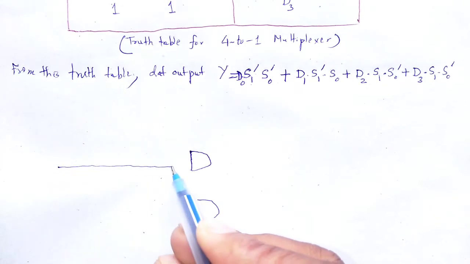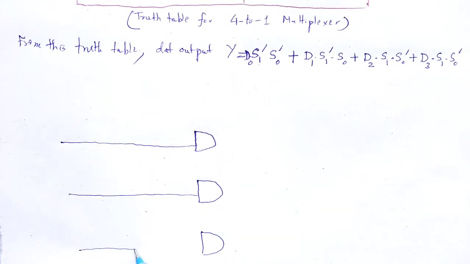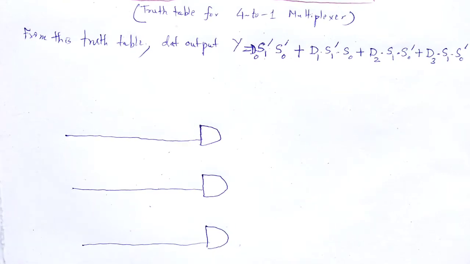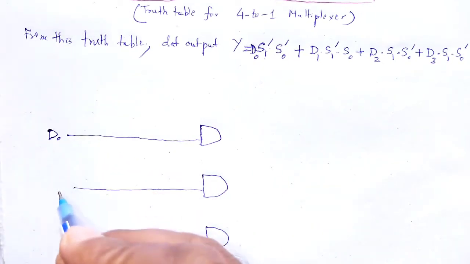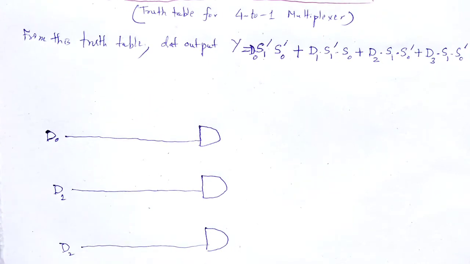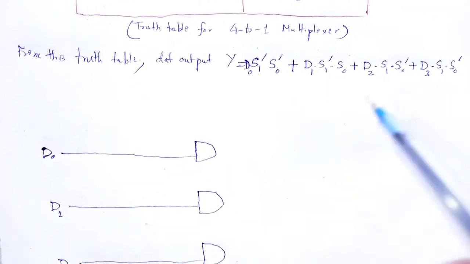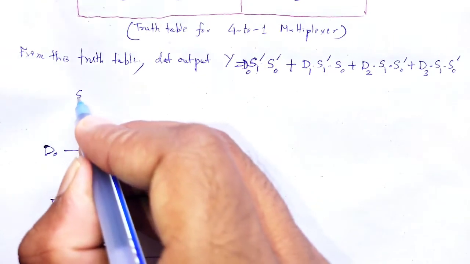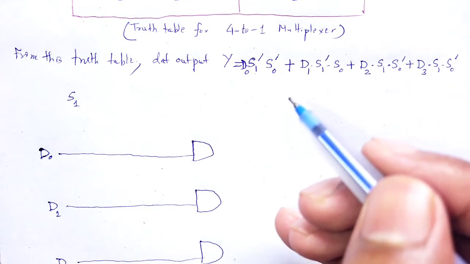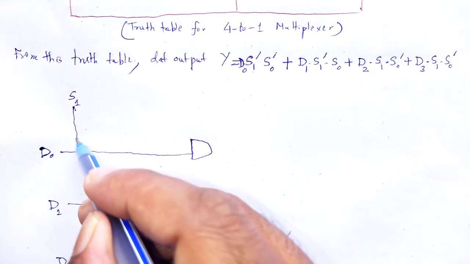So the selection lines are S1 and S0. First we draw the S1 line.